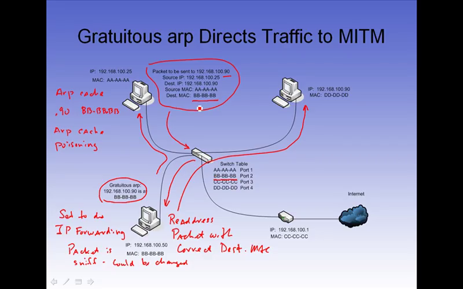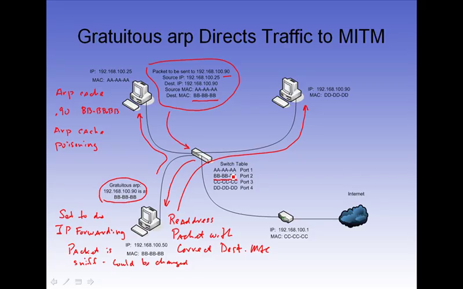So when the packet arrives at the switch with the destination address of BB, it's going to be sent out port 2. It's never going to be sent to what we would consider the correct address based on the IP by the switch, because the only thing the switch is looking at is layer 2 information, which is found in the frame header, basically source and destination MAC address.